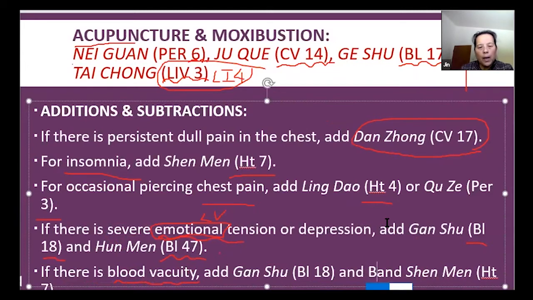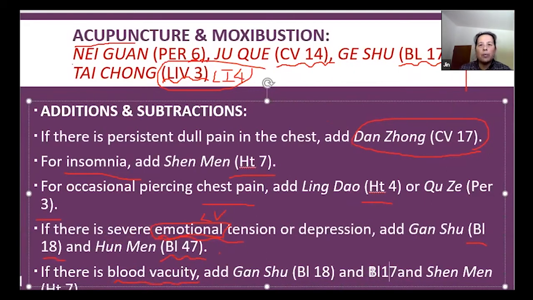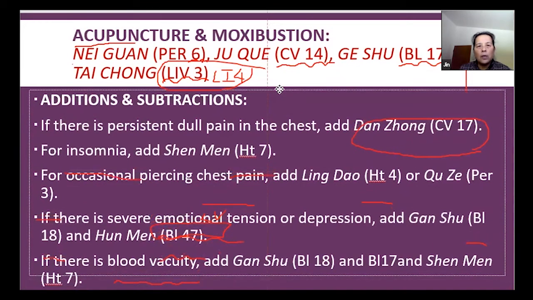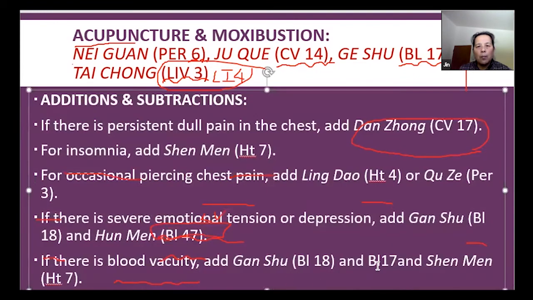Because Bladder 17 is especially the blood shu, so we should add the blood shu here. The liver stores blood, so the liver shu should still work for blood deficiency, but truly we need Bladder 17 here.